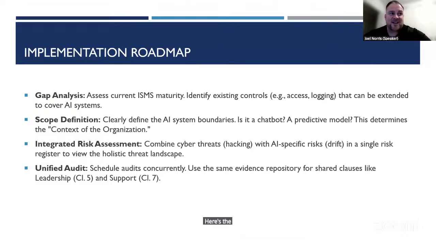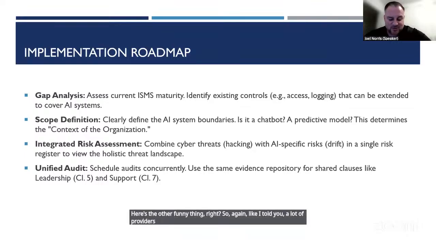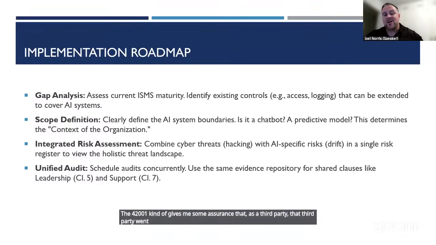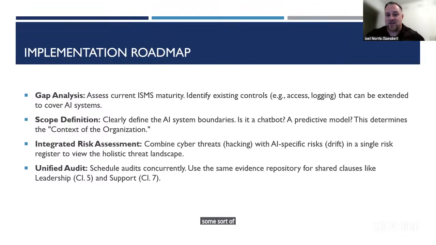Here's the other funny thing. Like I told you, a lot of SaaS providers are using generative AI, and they're always showing me an ISO 27001, 2022, sometimes even 2013, and saying, oh, we're certified. Well, there's a problem there. The 42001 gives me some assurance that a third party went through some sort of evaluation of their AI model.